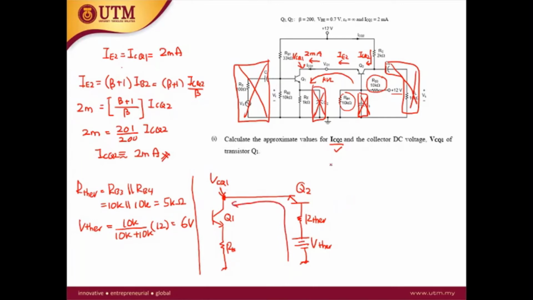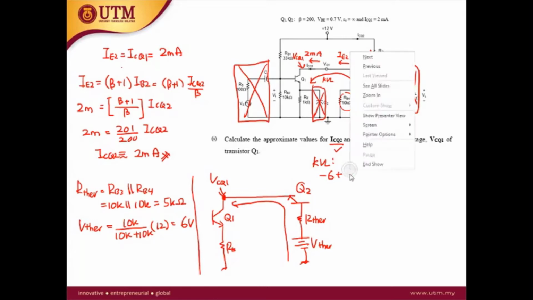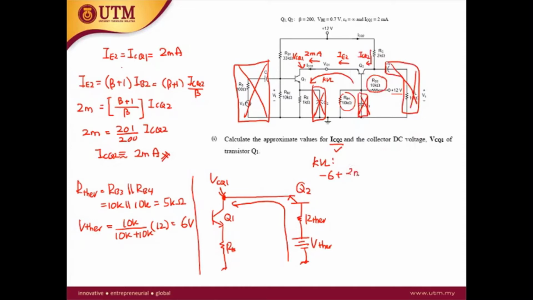So the KVL equation will be: V Thevenin is 6, so minus 6 plus the voltage drop at the R Thevenin. This is the IB2. We know the ICQ is 2 milliampere, so IB2 is equal to 2 milli divided by the beta. Beta is 200.